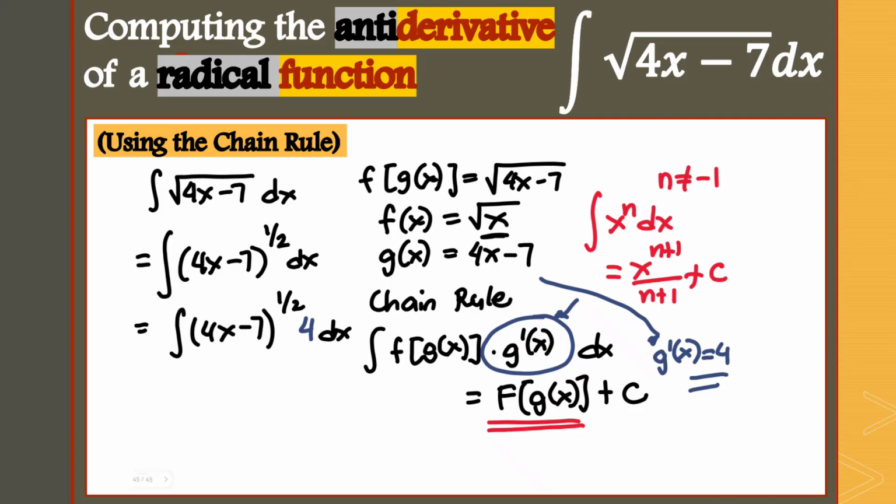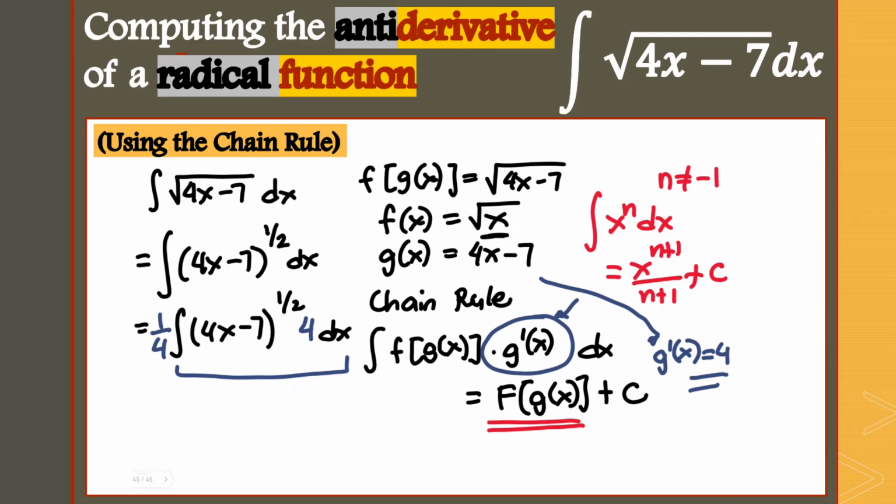But we have introduced a factor of 4, and when we return it to the original, it cannot be the same. What we need to do here is to neutralize that by multiplying 1/4 outside, because 1/4 times 4 is just equal to 1, so we just return to the original form. But we will not be simplifying them because the goal here is to come up with a form equivalent to the chain rule, and this is already good for that. In short, 4 and 1/4 will just stand as they are as we go through the process.